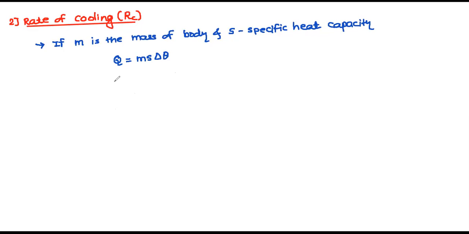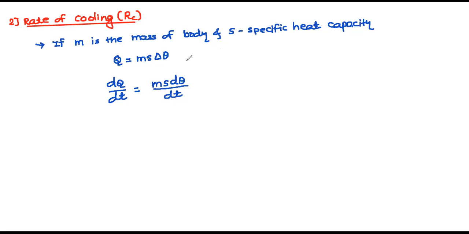And here, if I take dQ by dt, what am I getting? ms d theta divided by dt. Yes or not? dQ by dt is equal to ms d theta by dt, because here it is dQ. So if I am taking dQ, I should take ms d theta.